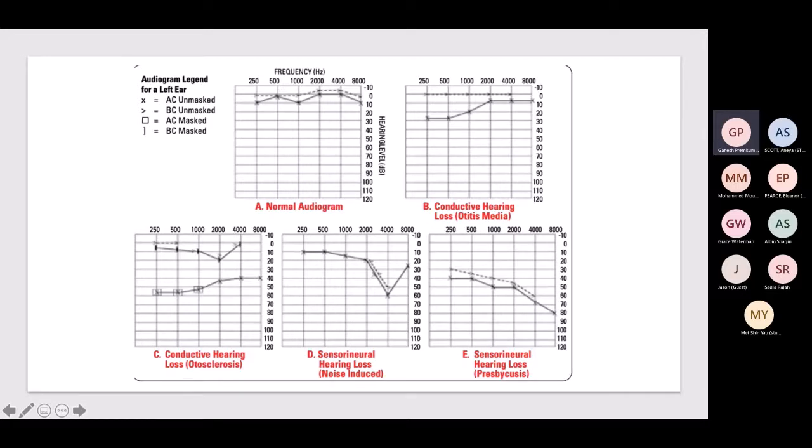Now, just very quickly, audiograms probably will come up in the exam. What I'm going to teach you is just about a normal audiogram. I don't think we'll have time to go through everything. Let me see if I can get the legend.